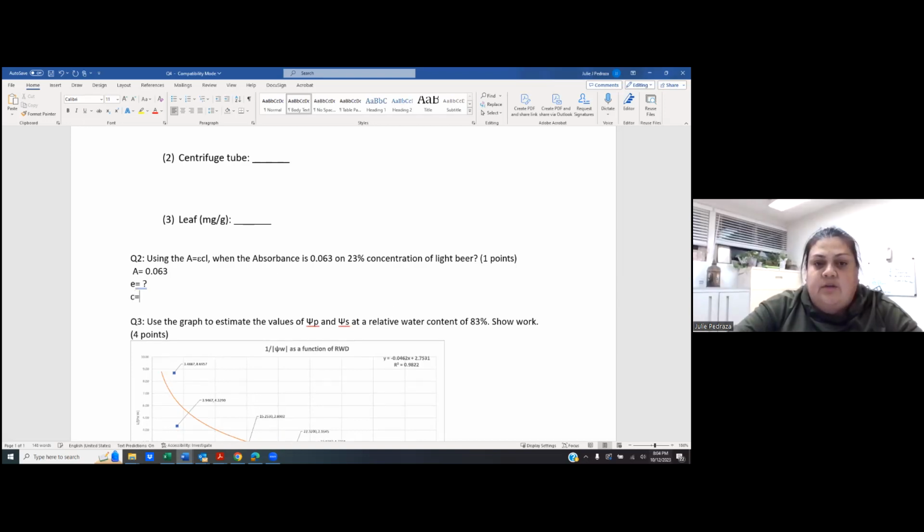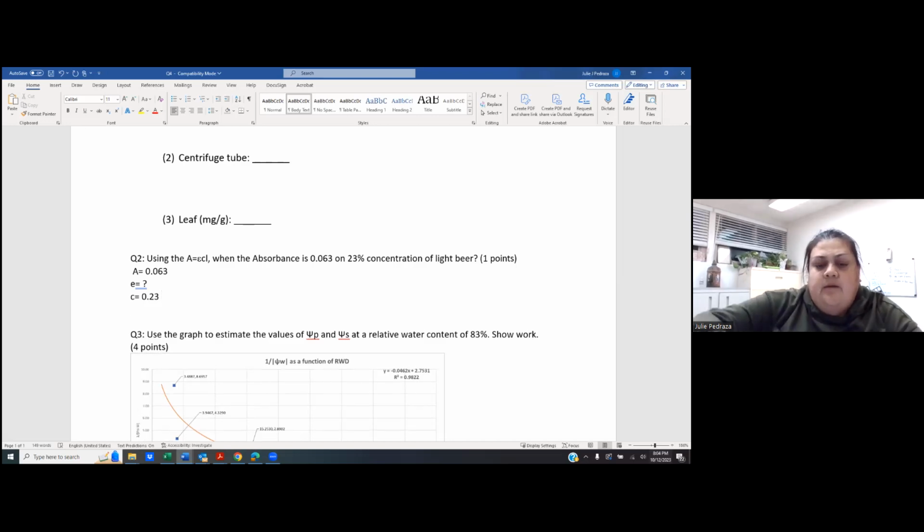We do know the concentration because it says 23%, but we are writing it this way. And we know the length of the cuvette is always going to be 1. You're with me?